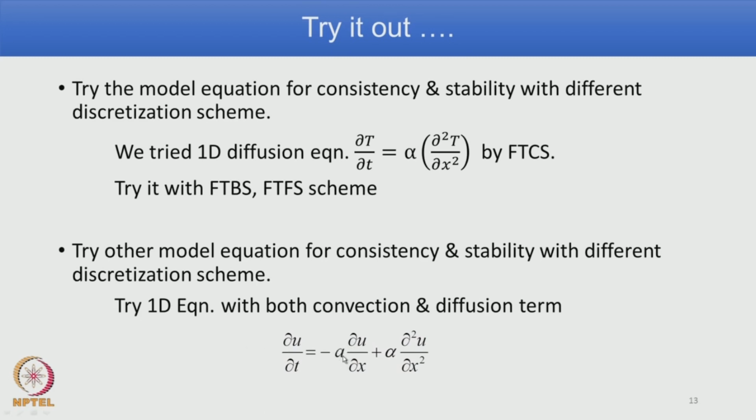So, in the original convection term, instead of a there will be u, the function variable itself, u times dou u by dou x will be there. Now, for the sake of understanding consistency and stability, it is linearized. So, a is some other coefficient which is not related to the function variable u itself.